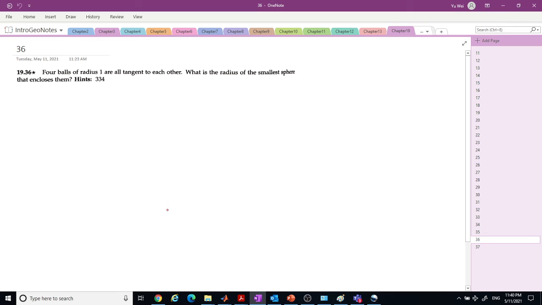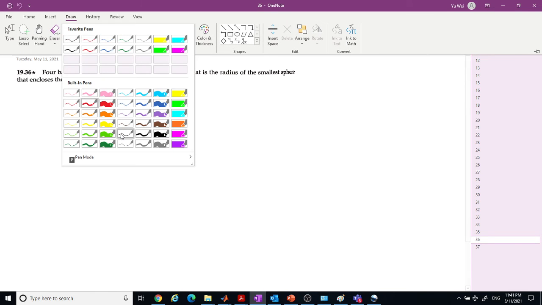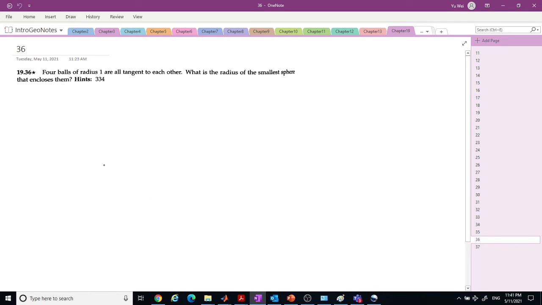The four balls with radius 1 are tangent to each other. Okay, four balls are tangent to each other. It will be like this. It's the center, okay, with the radius of 1.